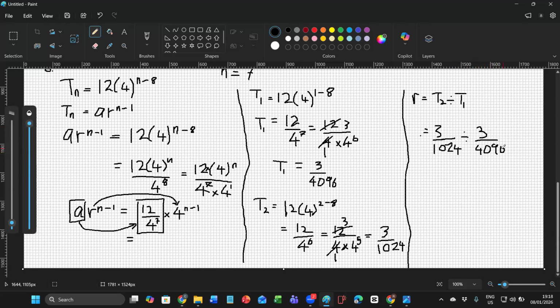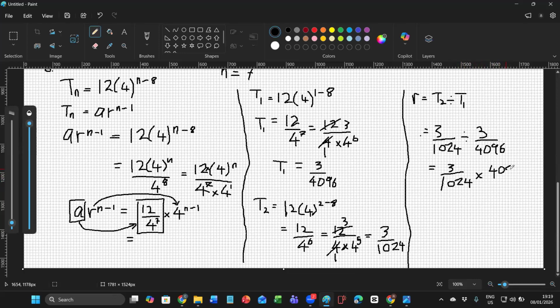Okay. So since it's a fraction, we're going to flip the one on the right hand side. So that will be 3 over 1024 times 4096 over 3.